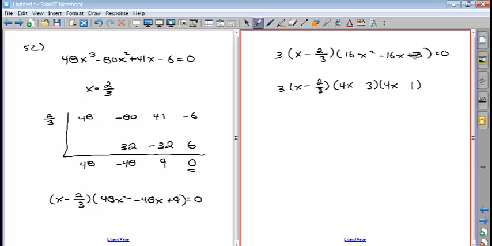This is negative. This is positive, so these both become negative. So negative 3 times negative 1 is positive 3. And FOIL gives you negative 16. So that's the fully factored expression. So the other zeros you get by setting the factor equal to 0. And this one.